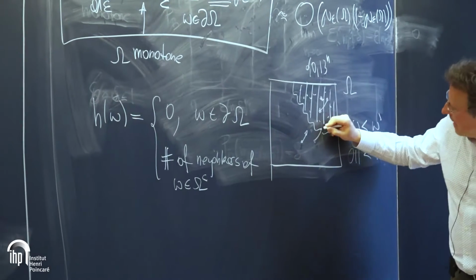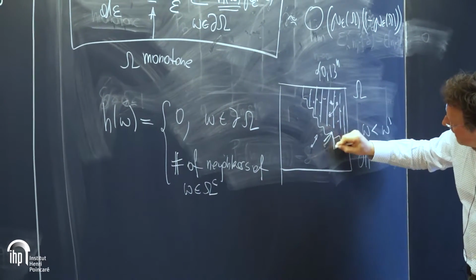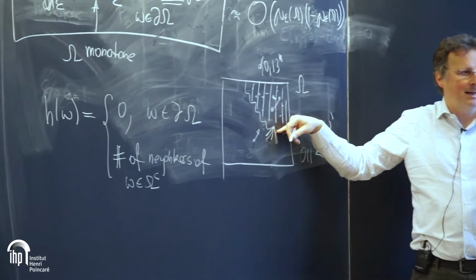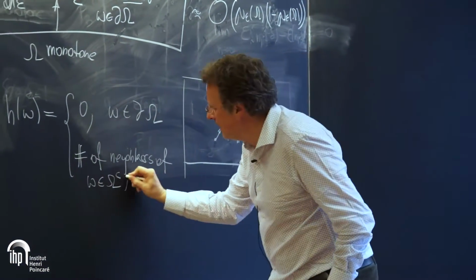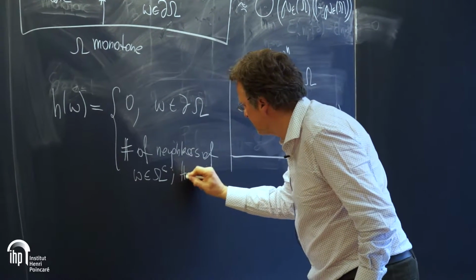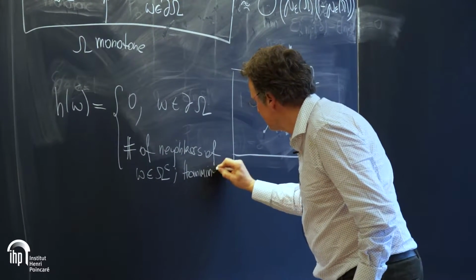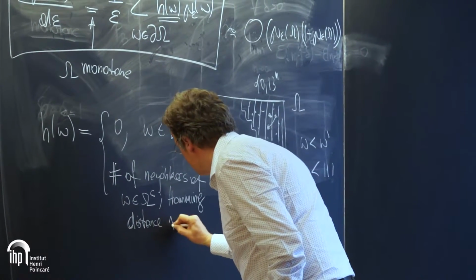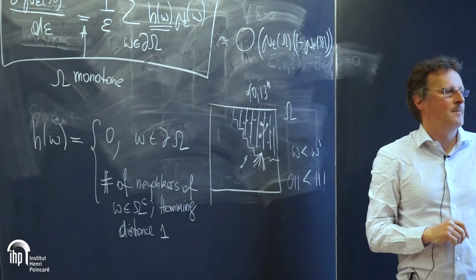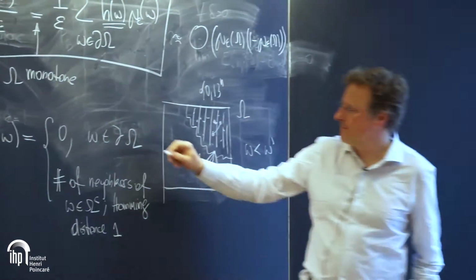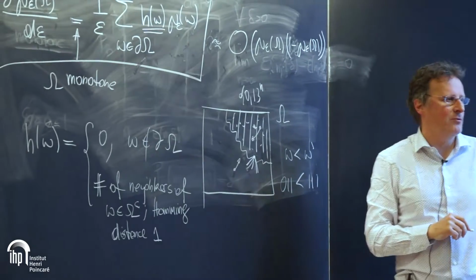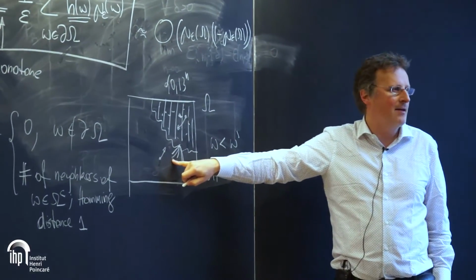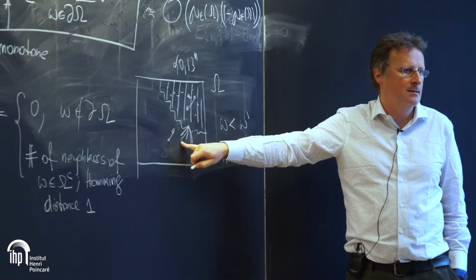I'm simply looking at how many points below me are outside the set and are neighbors, and by neighbors here I mean Hamming distance 1. If it's not in the boundary it's 0, and if it's in the boundary, then it's simply the number of neighbors that I have here, and that's the multiplicity.